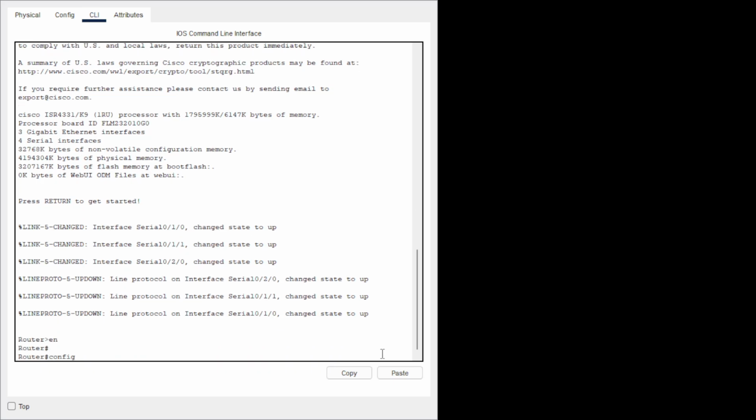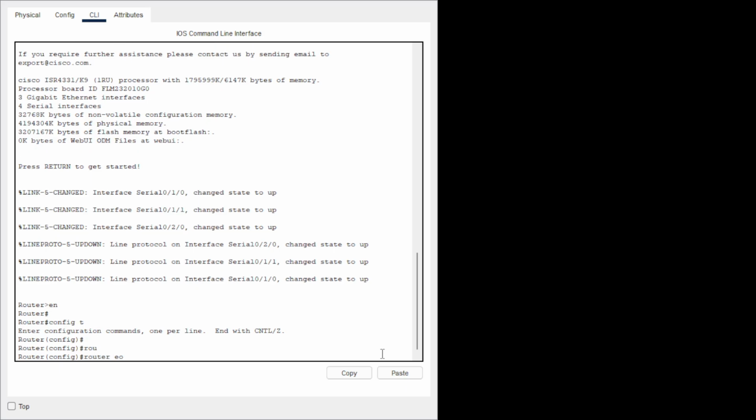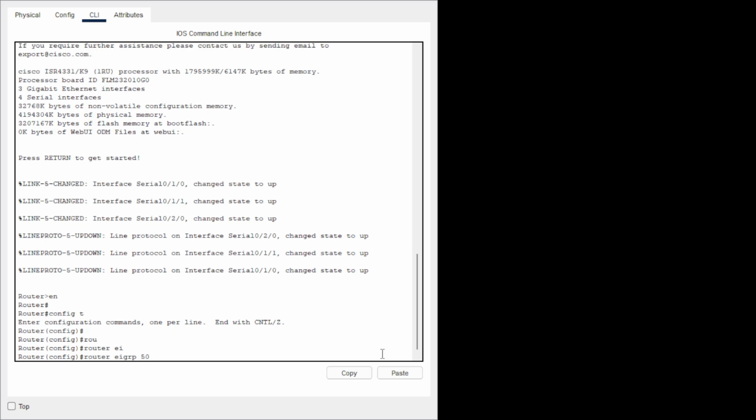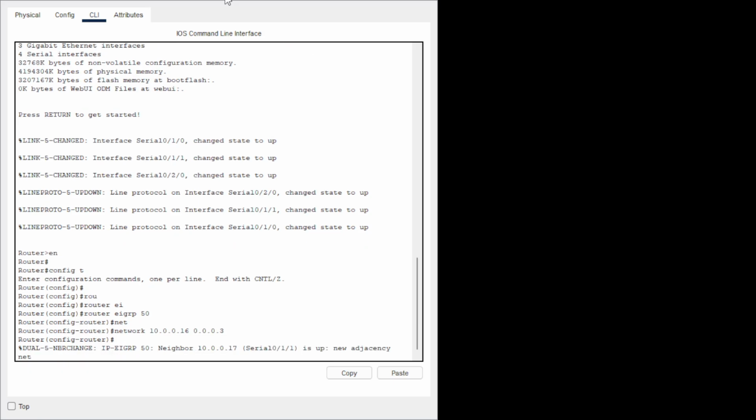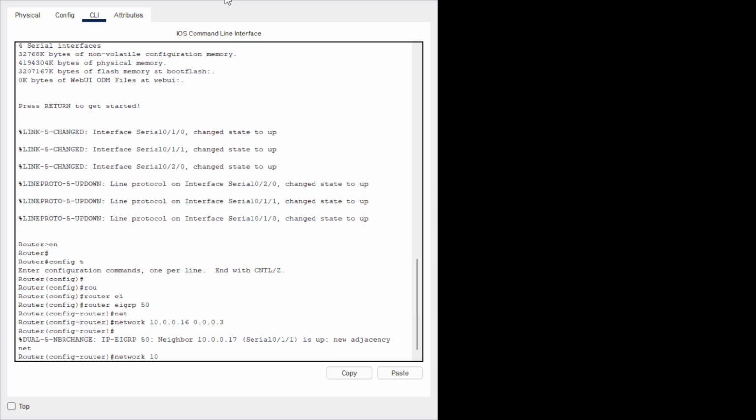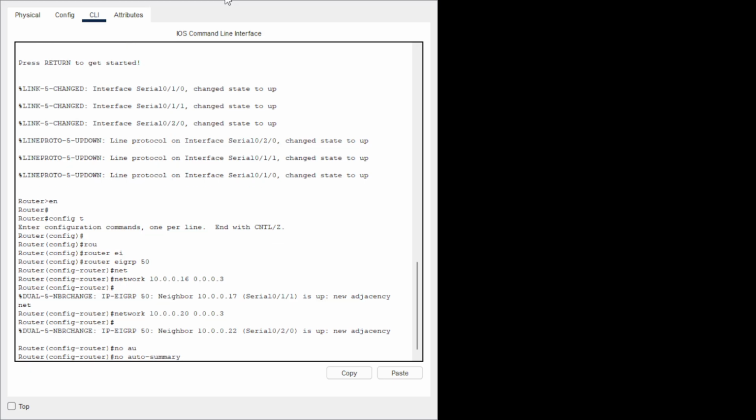Enable, config t, router EIGRP ASN number is 50, the networks are 10.0.0.16 0.0.0.3 and the second network is 10.0.0.20 0.0.0.3, no auto summary.